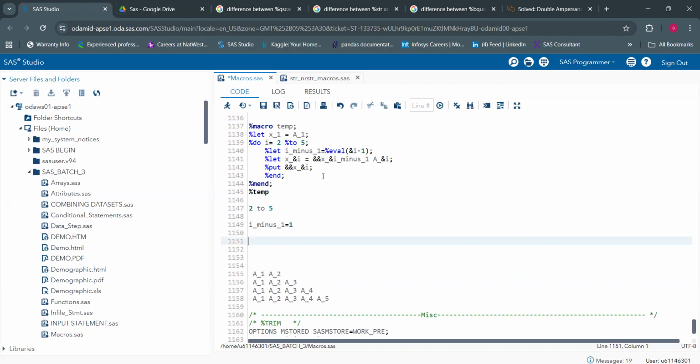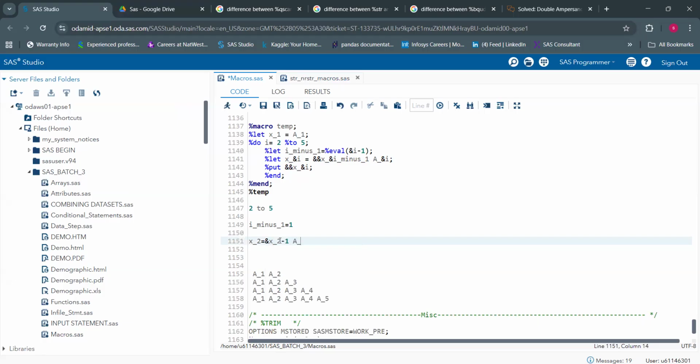What is x_&i, which is x_2 equal to... it is double ampersand. First it resolves the entire thing. Double ampersand gets resolved into single ampersand, so &x_, what is &i? 2, minus 1, 1.